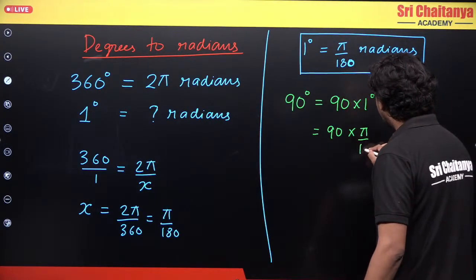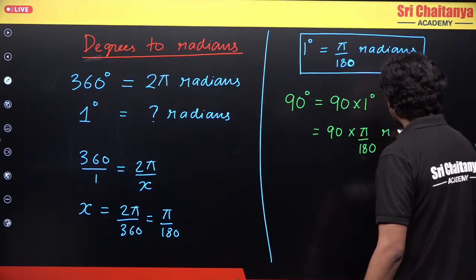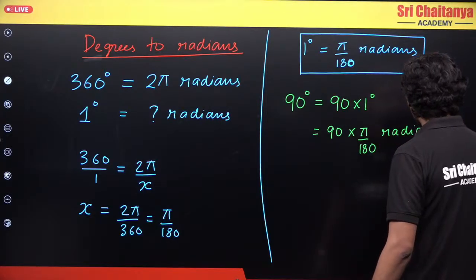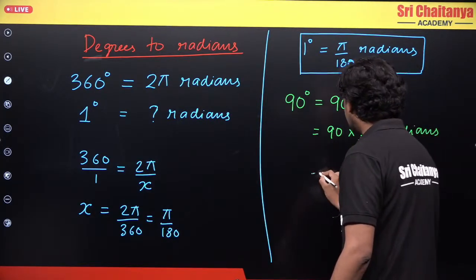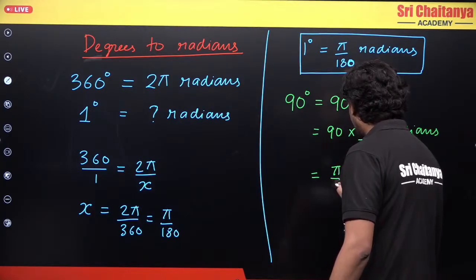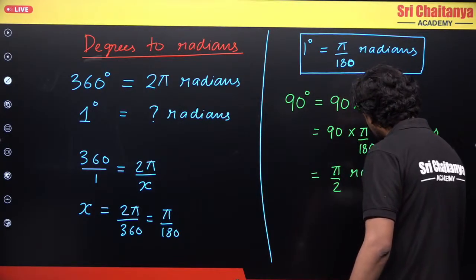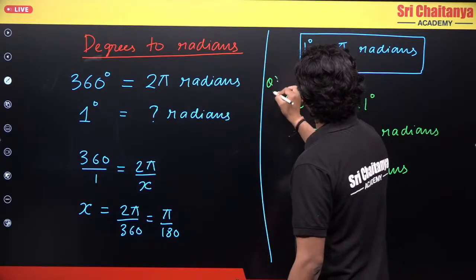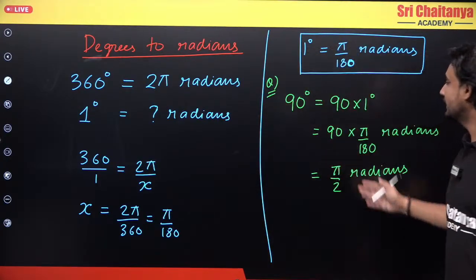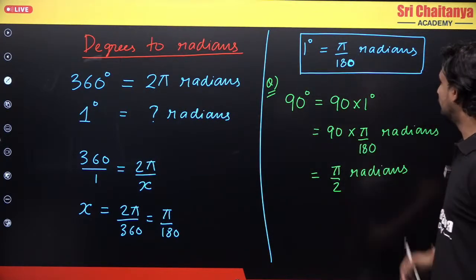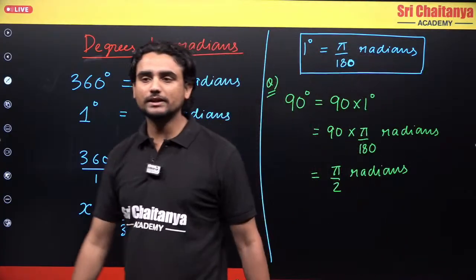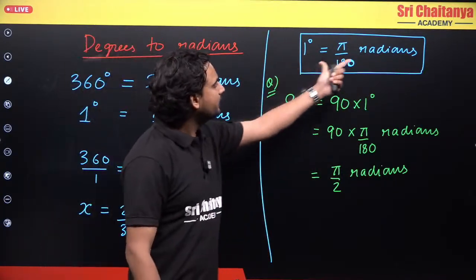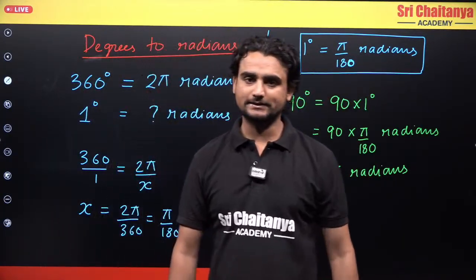So this will become pi by 2 radians. Clear? This is how you can easily solve that 90 degrees equals pi by 2 radians. So what I am using is 1 degree is equal to pi by 180 radians.